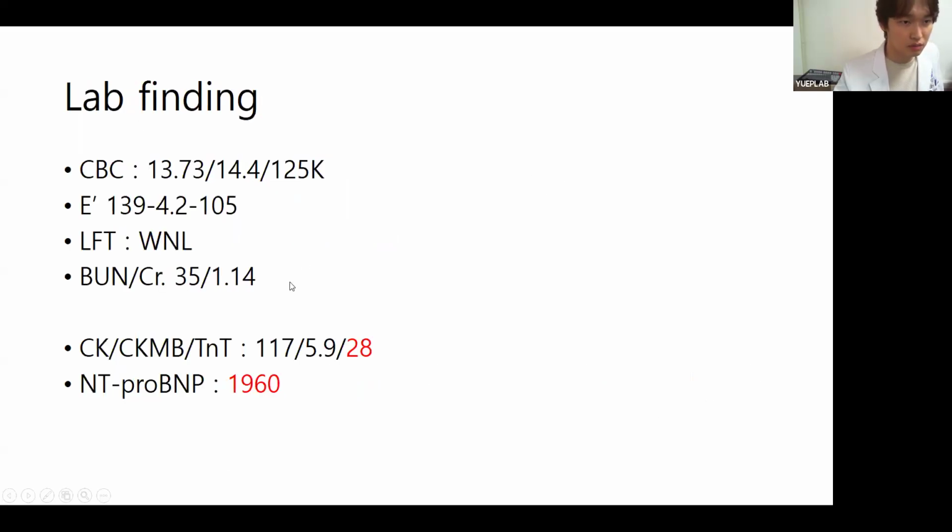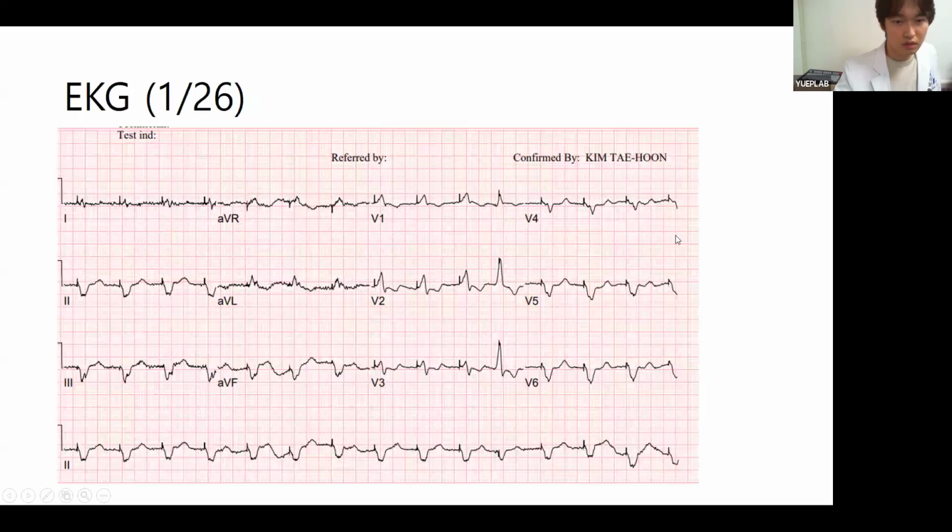Initial lab findings were not specific, just troponin T elevation and elevated NT-proBNP. This is the initial EKG. There's wide QRS with pacing, sometimes with PVCs.